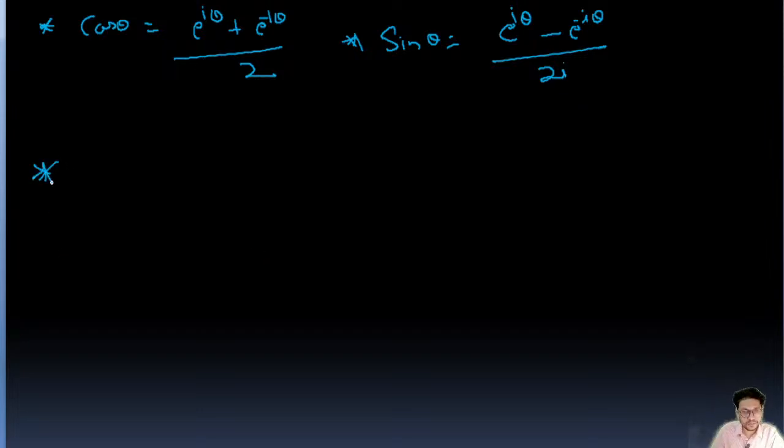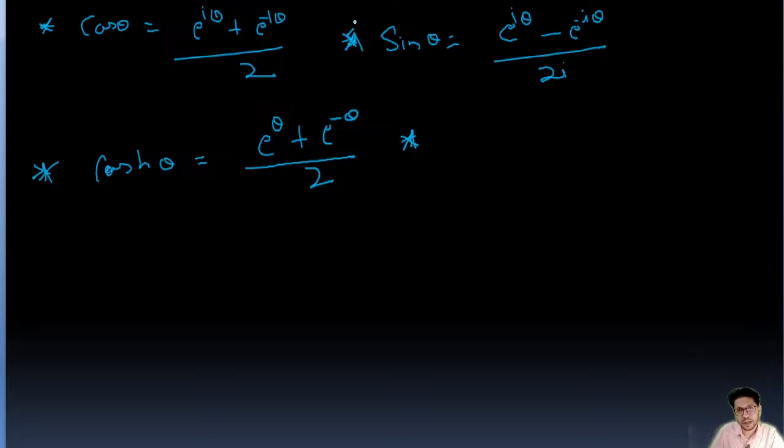And similarly cos hyperbolic theta is e to the power theta plus e to the power minus theta by 2, and sin hyperbolic theta is e to the power theta minus e to the power minus theta by 2.